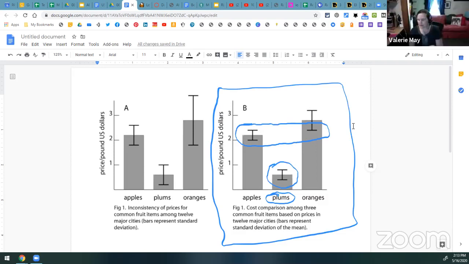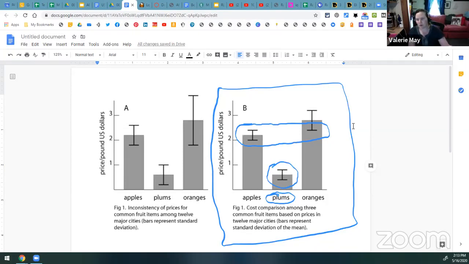One of the things I see students say is they kind of get the idea that when the bars don't overlap, then this is affecting that. When they do overlap, they sometimes just want to say there's no difference. Well, if it's asking you to describe the effect, a difference is not an effect.